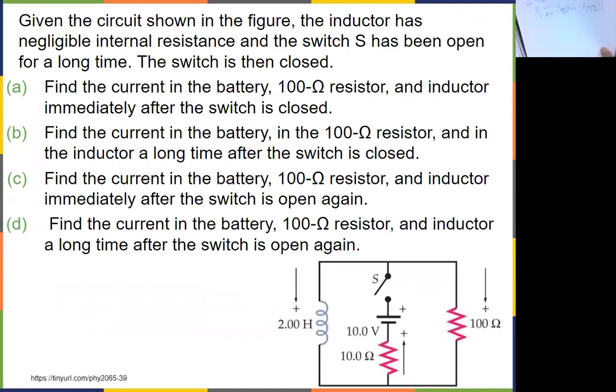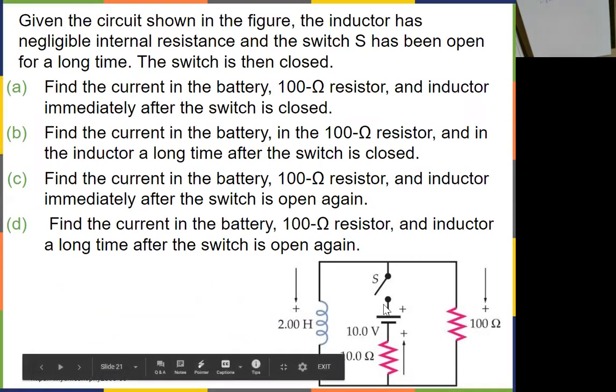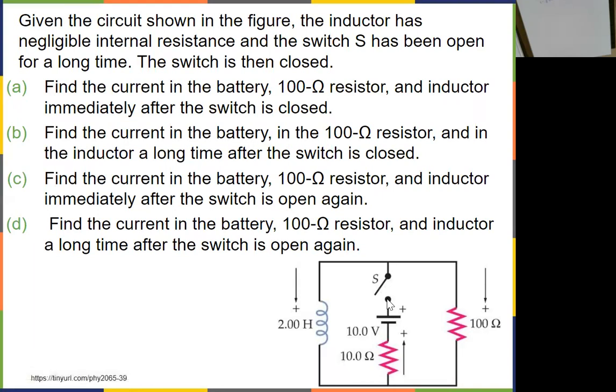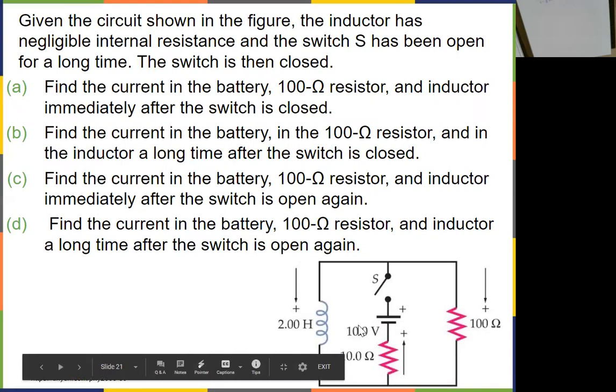Let's take a look at a second example. It looks at the configuration of the circuit below. You have a switch here. If you close the switch, current builds up in this inductor as time goes by. After a while, you can open the switch, then there is energy stored in the inductor.